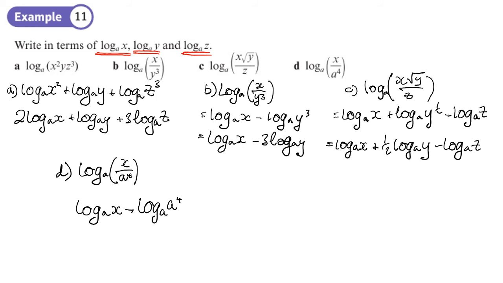Now, what's the power that takes you from A to the power 4? 4. So actually, it's just log to the base A of x minus 4. So again, like the previous one, just highlight the answers. So these are all in terms of log A x, log A y, or log A z.